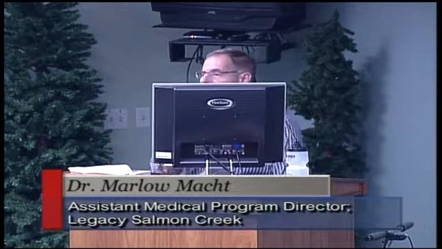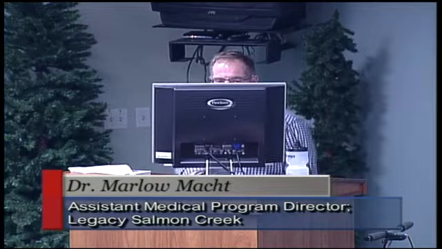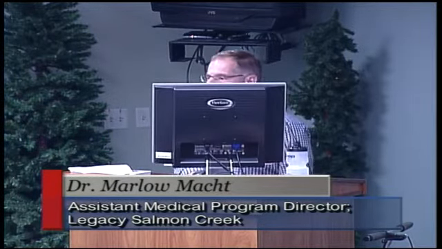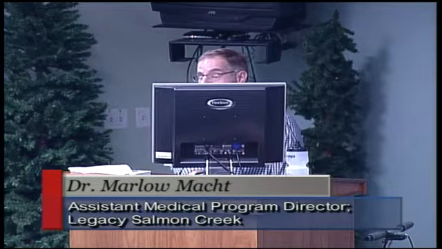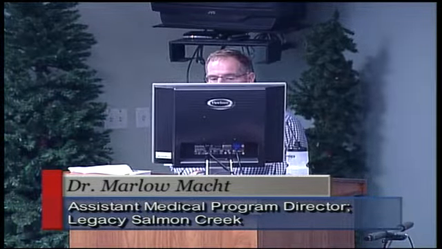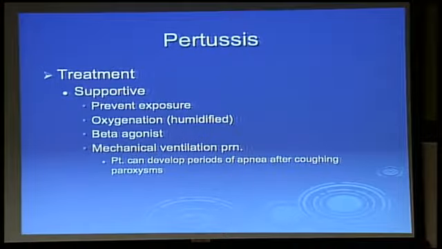Treatment is supportive, but this is an important clue to get, because with these patients, especially when you're dealing with infants, you use droplet precautions and try to limit transmission. Occasionally you get some wheezing with this, and a beta agonist is appropriate. And in rare cases, children will require mechanical ventilation because they develop such severe respiratory distress from it.